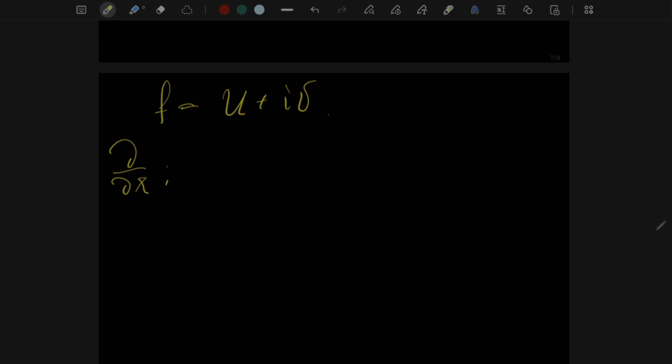So, let me take a new page, and we have f is equal to u plus iv, the same stuff, and f prime, if we look at a certain point, then we can differentiate everything by x. Here we simply get f prime of x plus iy.